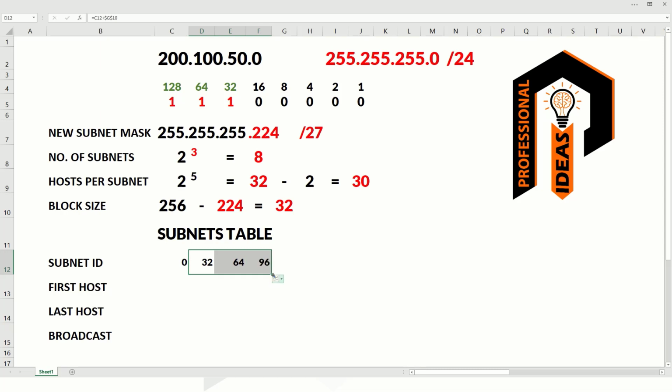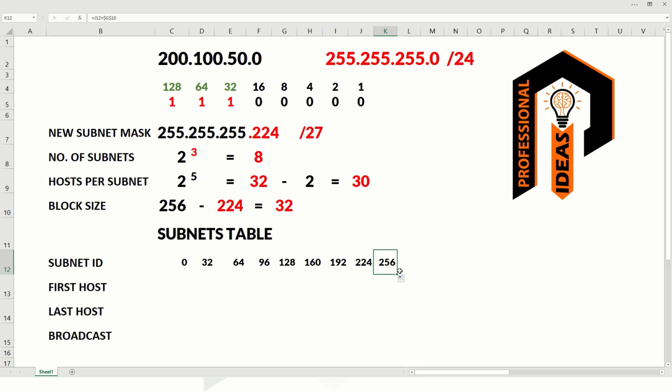We will get 0, 32, 64, 96, 128, 160, 192, 224 and 256 as the subnetwork IDs. But we will not include 256 as our subnet ID because the maximum value of 8 bits is 255.